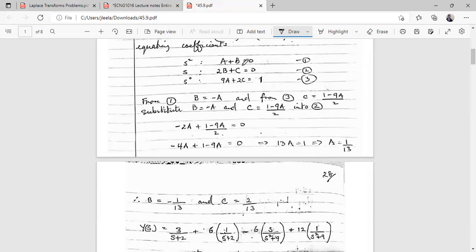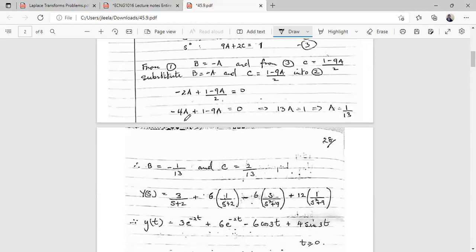So therefore, A plus B is 0, B is minus A from 1, and C from 3 now. So we could solve these 3 equations here. C is (1 minus 9A) over 2. Substitute B equal minus A, and C equal (1 minus 9A) over 2 into 2. So you get minus 2A plus (1 minus 9A) over 2 is 0.